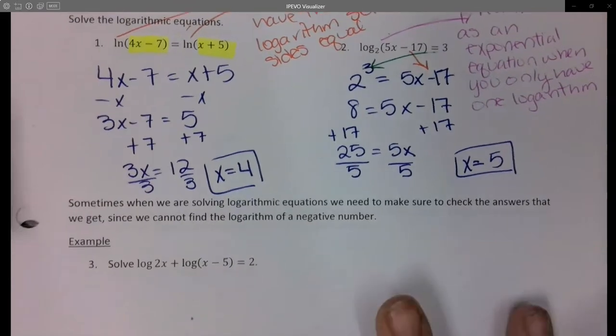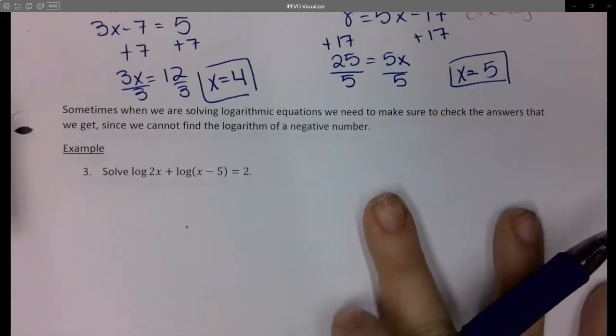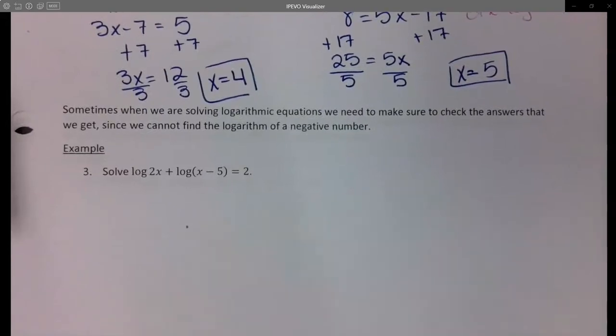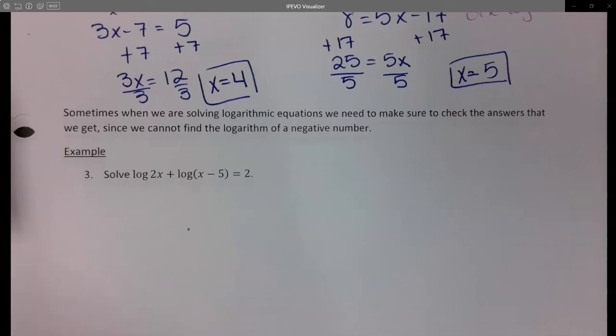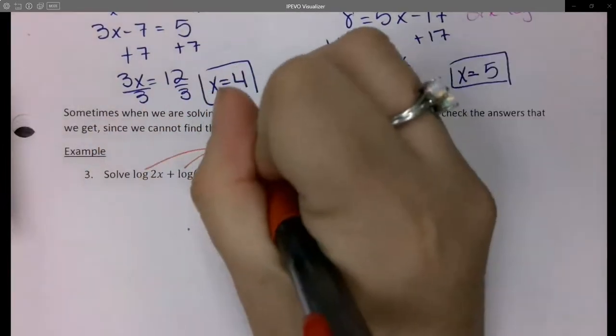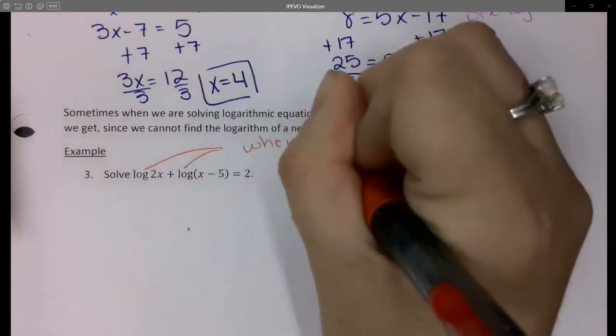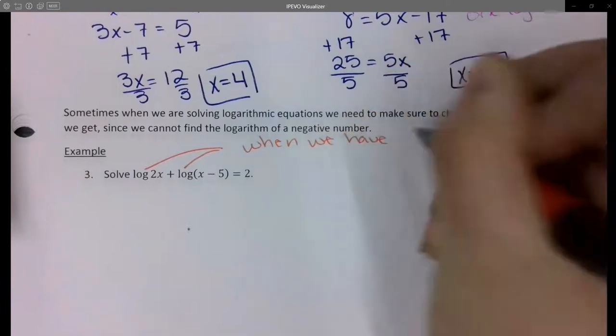Okay, so sometimes if I have 2 or more logarithms, I want to use log properties to condense. So when we have multiple logs, use properties to condense.